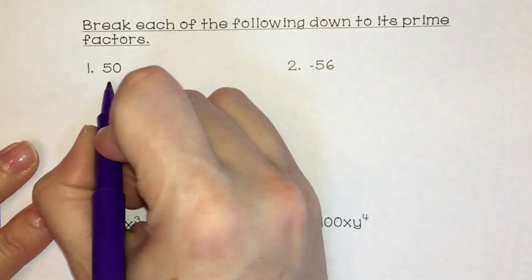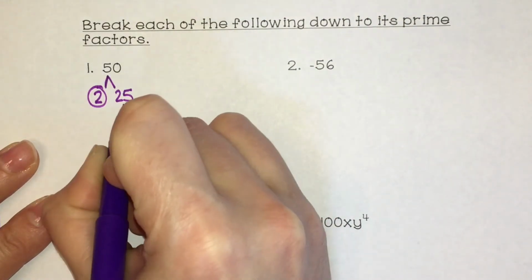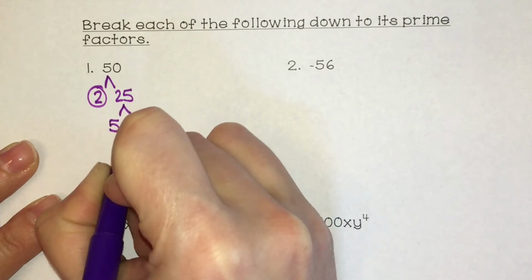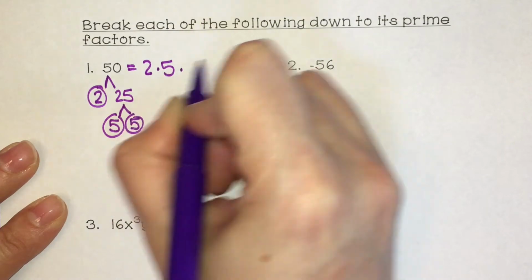All right, 50 breaks down to 2 times 25. 25 is 5 times 5. So 50 factored is 2 times 5 times 5.